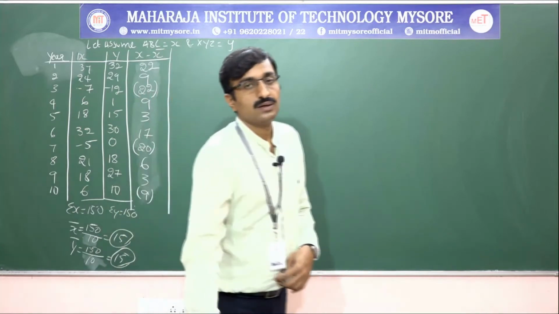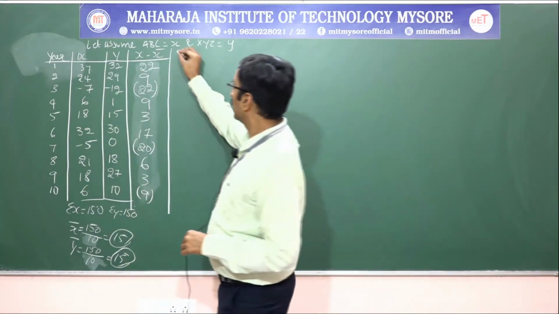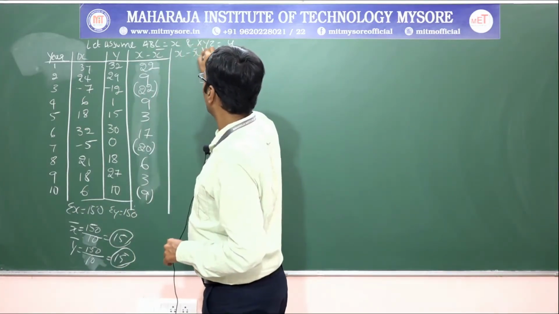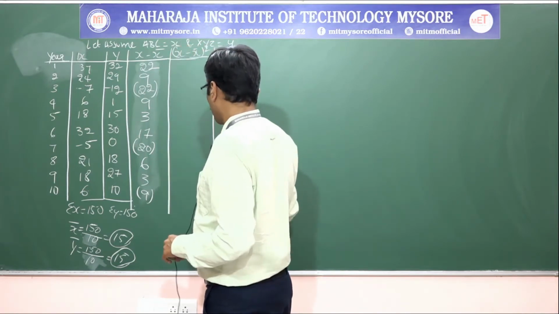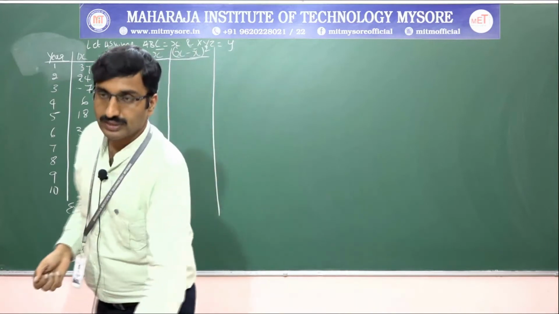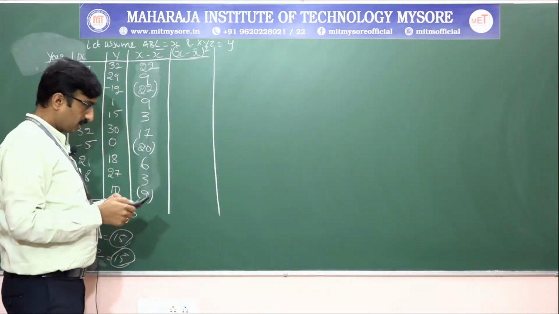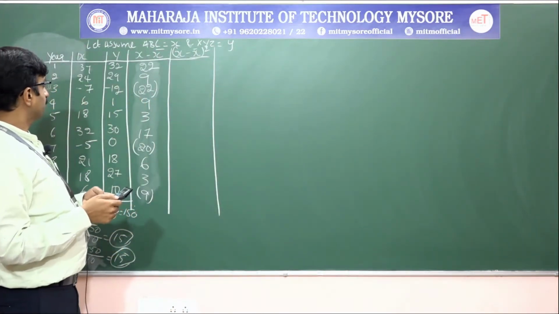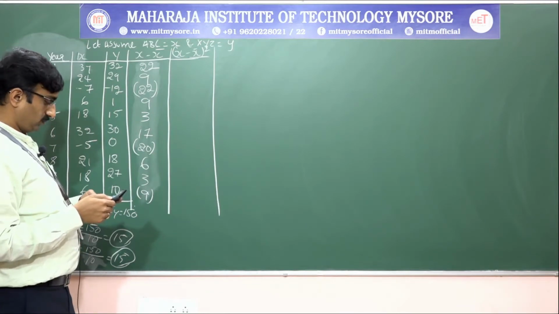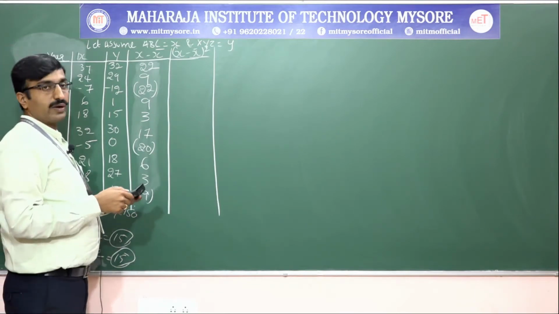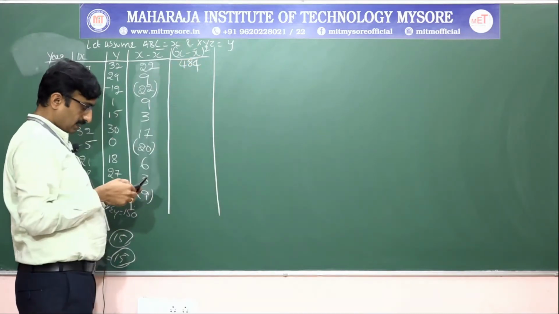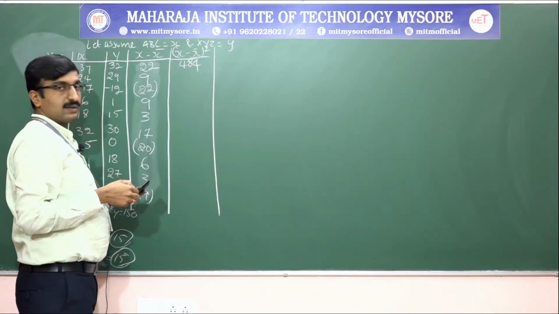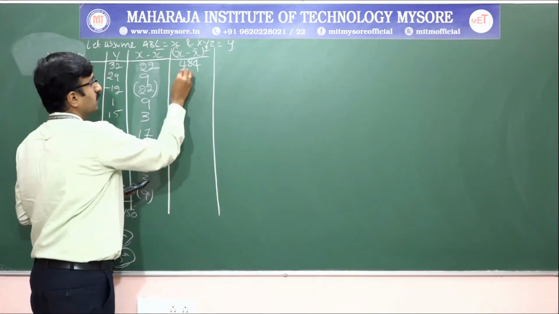Fine. Next moving on to x minus x bar whole square. You do the whole square value. Do it in the calculator. You are going to get 484. Then second, you are going to get 81.